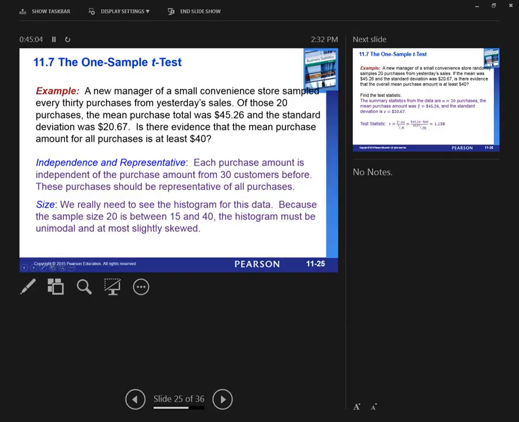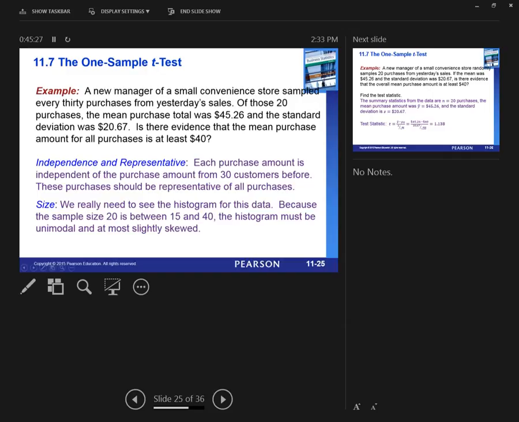Maybe one day it might be representative of yesterday's sales, but to get the average of all sales for the store, we might want to get a few from other days of the week. But for now, for yesterday's sales, yes, definitely representative.